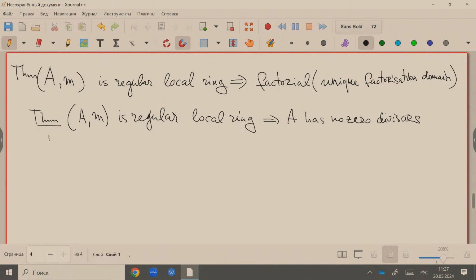So, the proof. The idea of the proof is the following.